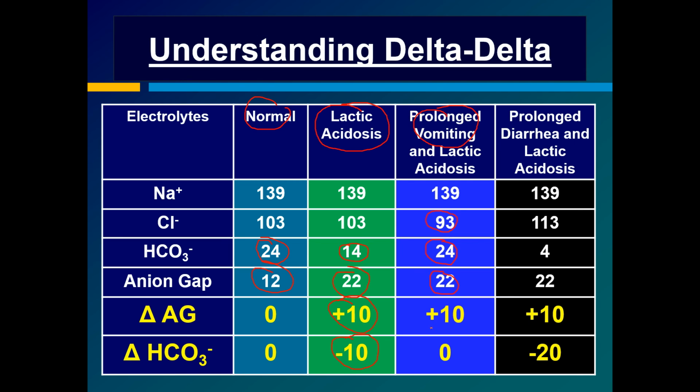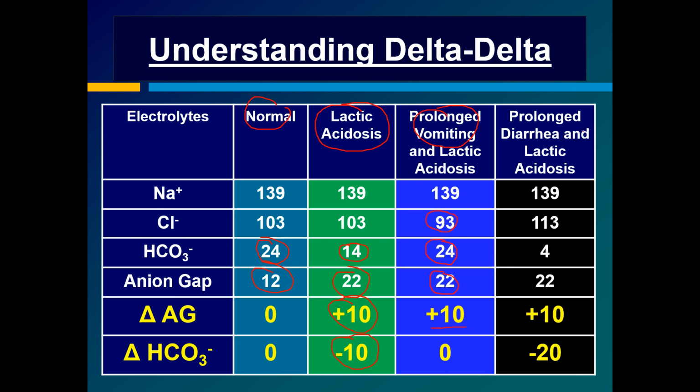Because of that, the delta anion gap is 10, but the delta bicarb is effectively 0. Bicarb's 24, the normal value is 24, so in addition to increasing the anion gap, there's some other condition that's basically raising the bicarbonate back to normal, and that is due to a metabolic alkalosis. So this person has both an increased anion gap metabolic acidosis and a metabolic alkalosis occurring simultaneously.